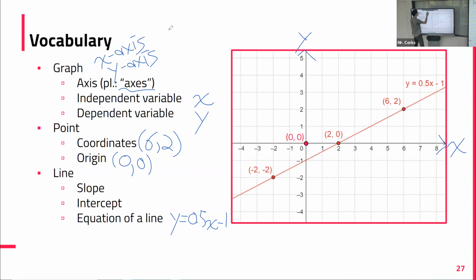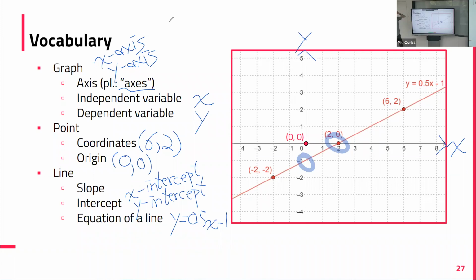Can you tell me the values for the intercepts? 2 and -1. 2 and -1, good. So here and here. So we have an x intercept and a y intercept.